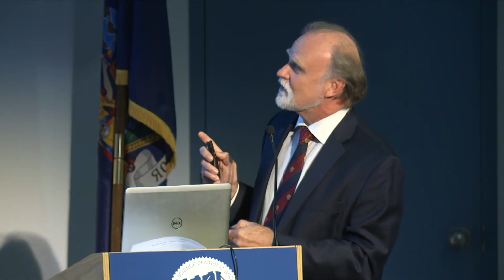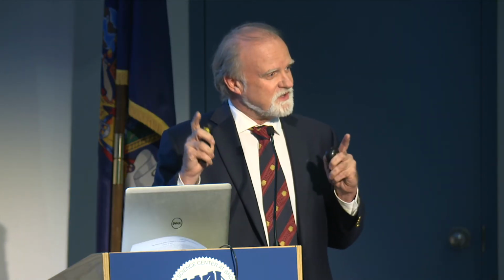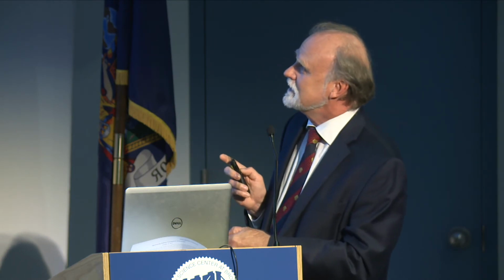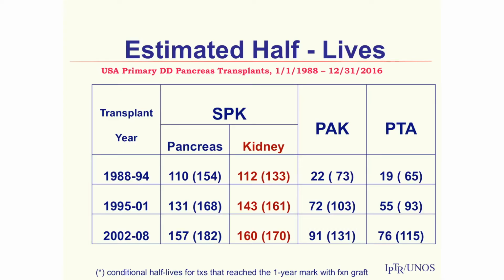However, if you look at the conditional numbers, first year technical failures excluded, look at that. Pancreas, almost 2 years better estimated half-life than the kidney. A few months here for the second time period, and now about 1 year longer half-life function for the pancreas than for the kidney. So those are tremendous improvements.